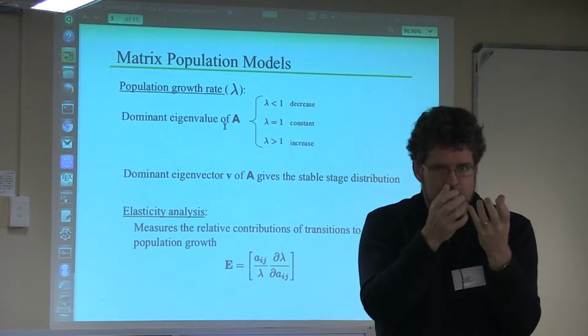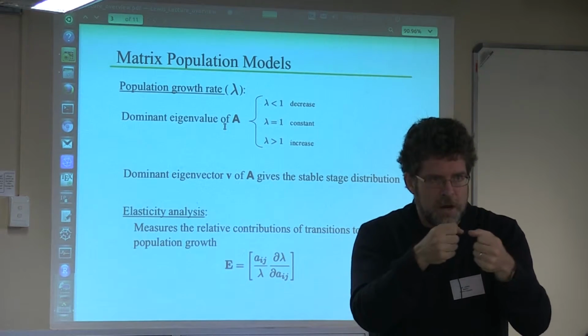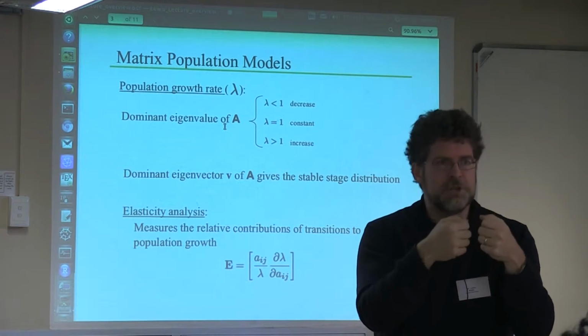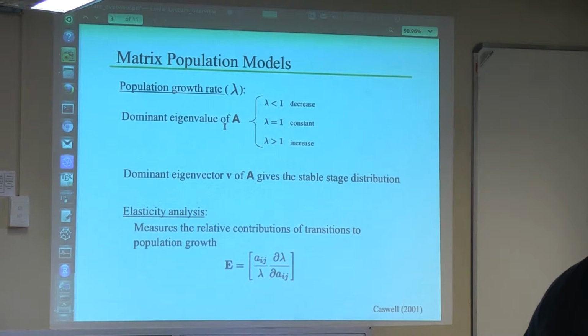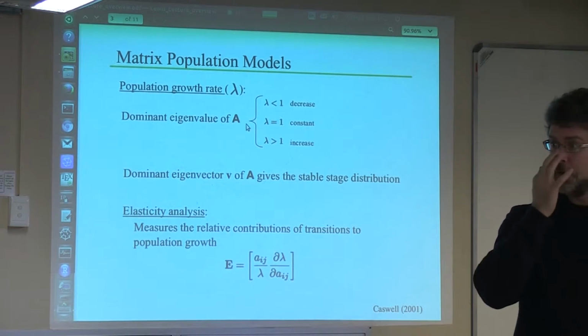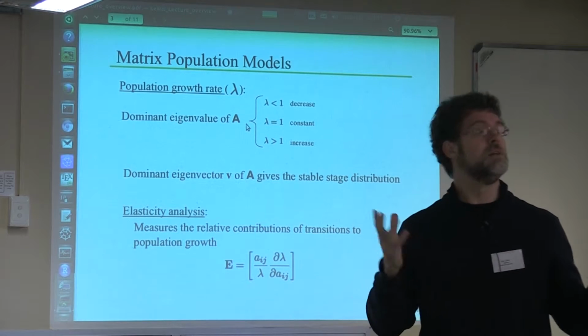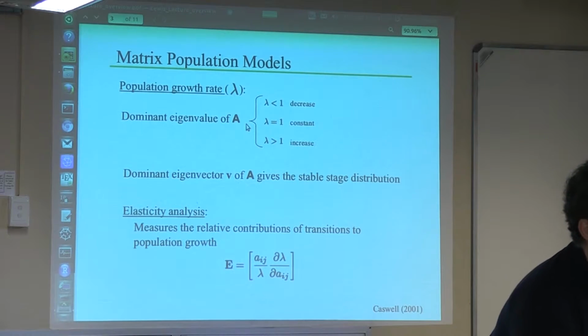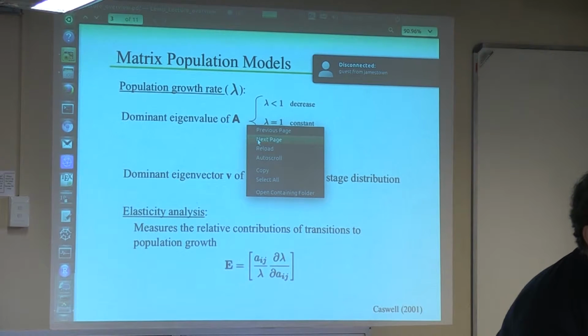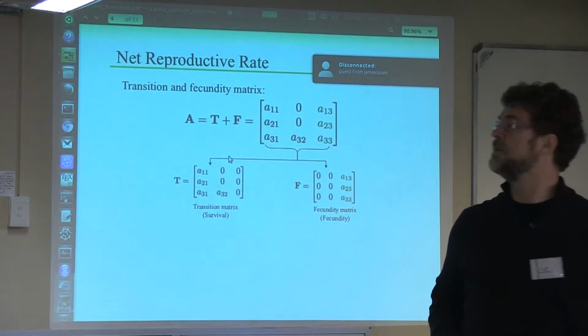So if you want to bring lambda down, you want to focus on the entry with the highest elasticity. And so we're going to also do this for Scentless Chamomile. We'll just calculate the elasticity. And these things are very easy to do in R.